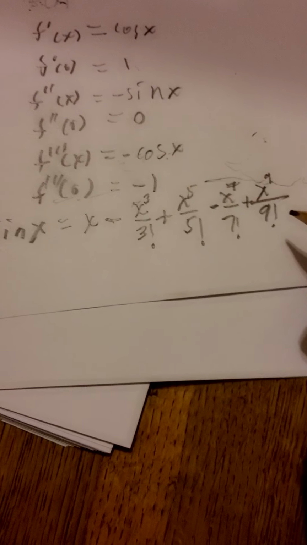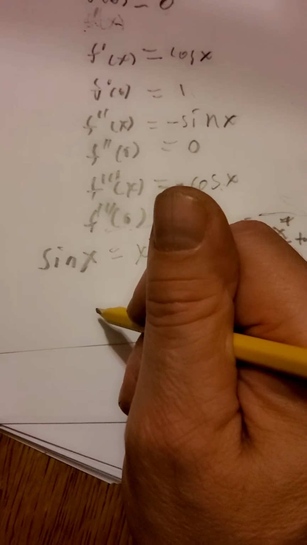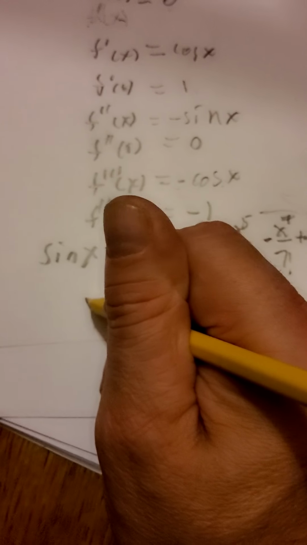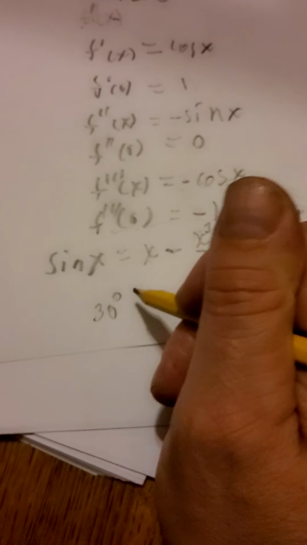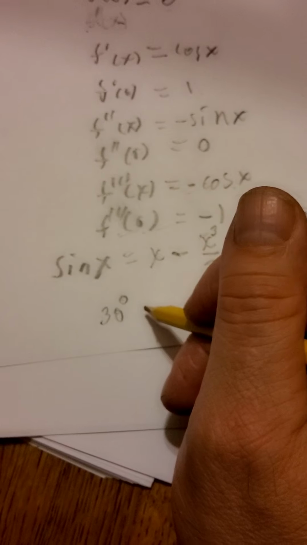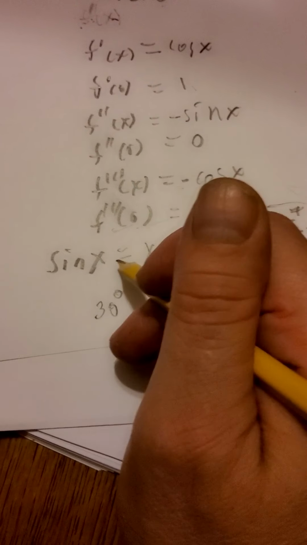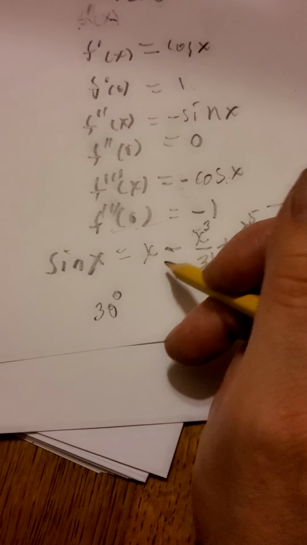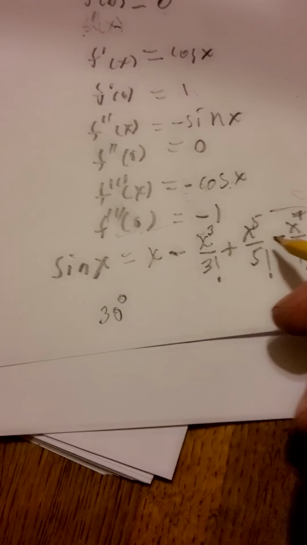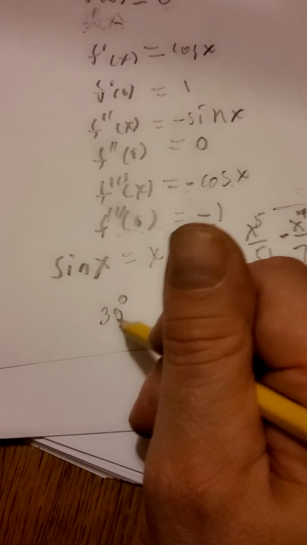Okay, so with that said, if you're going to find the sine of an angle like 30 degrees, you can't do it in degree form because this function is in terms of a series, and the series can only be expanded in terms of radians. So you're going to have to convert this.